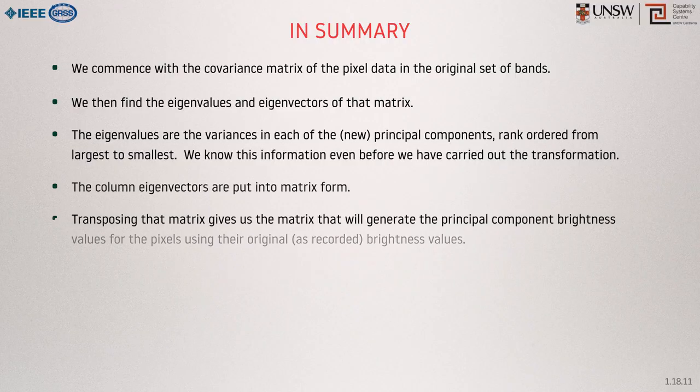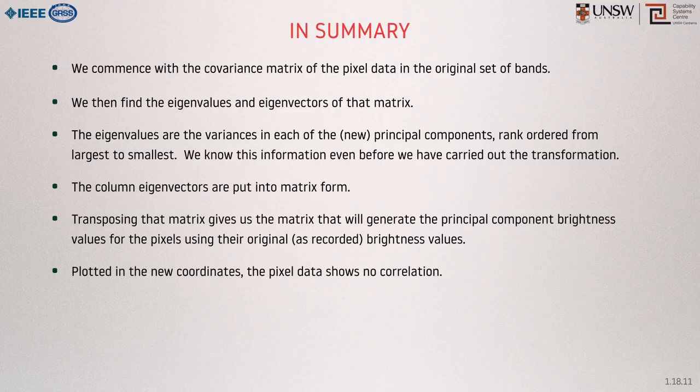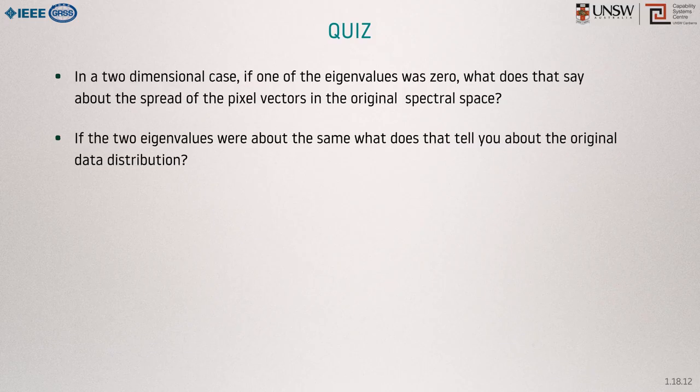Here we reiterate the essential steps in producing a principal components transformation. The first two questions here are just to test your understanding of the meaning of the eigenvalues in principal components analysis.